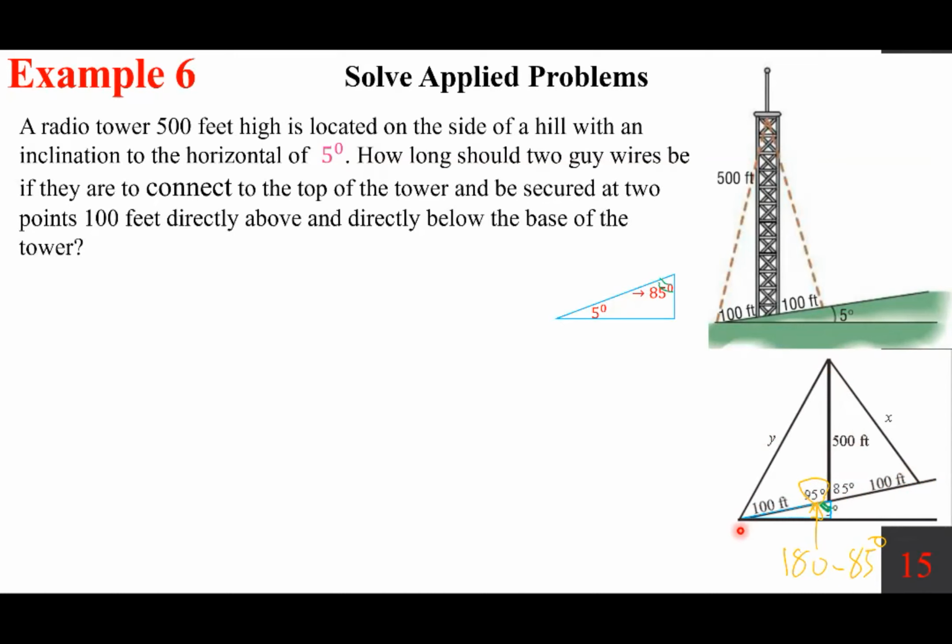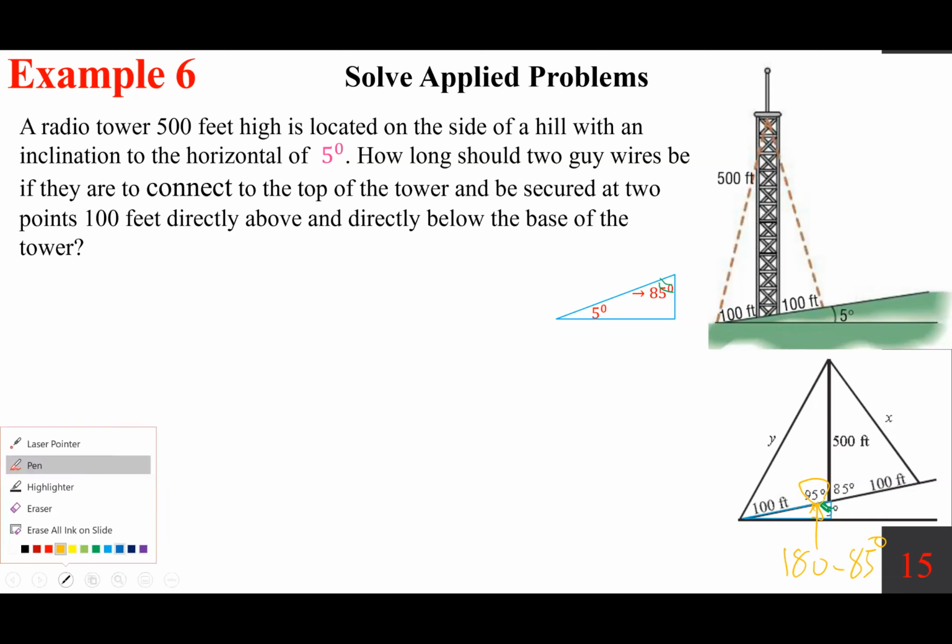This is a straight line, so this is 180 degrees minus 85, which is 95 degrees. I hope everybody can see why this is 85 and why this is 95. So in each triangle, for example this one, let me use a different color.